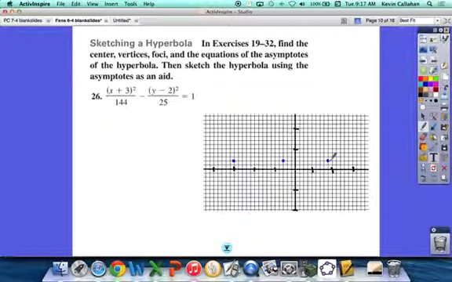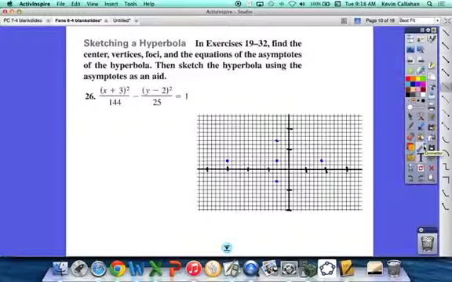Right, so is this vertical or horizontal? Oh, we already said that. It's horizontal. So now we're going to go up 5 and down 5: 2, 3, 4, 5. We're going to use that to draw a box. Hopefully better this time.